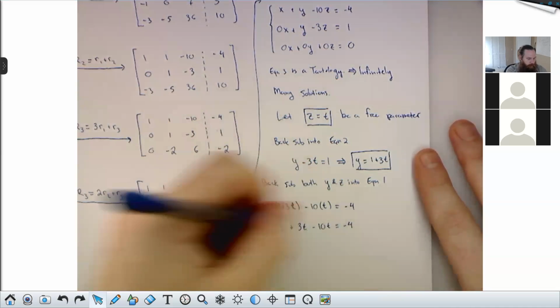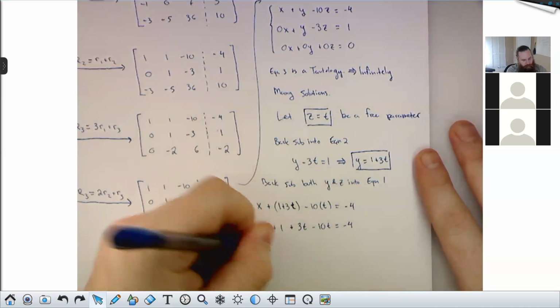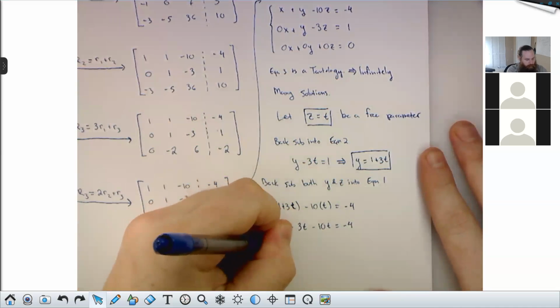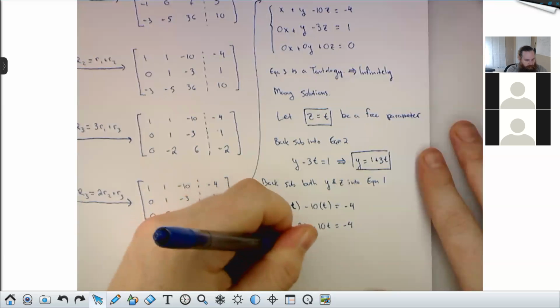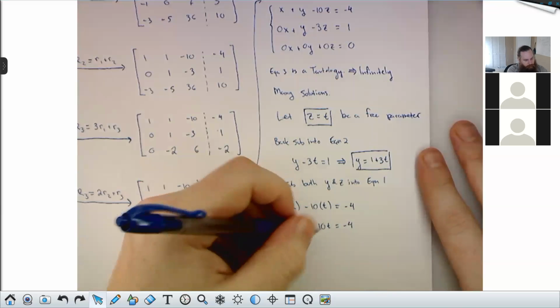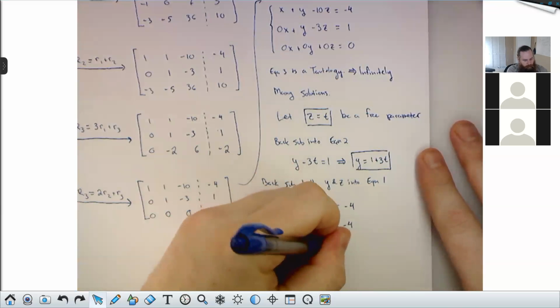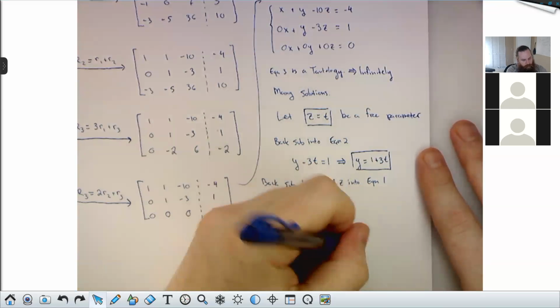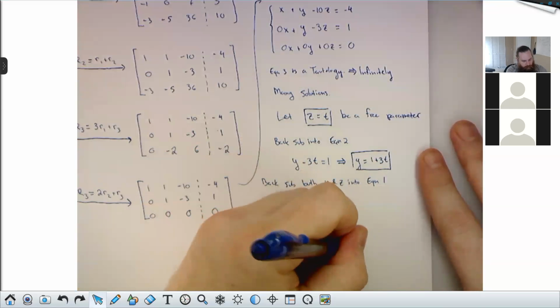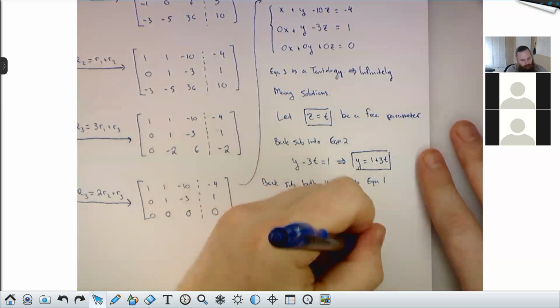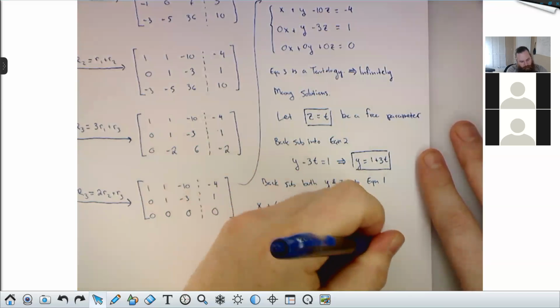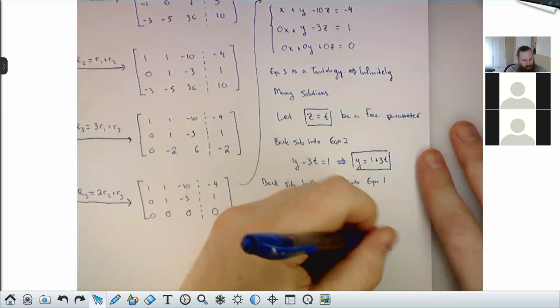I can subtract the 1 over and combine the like terms here, and I'll get x minus 7t equals negative 5. Negative 4 minus 1 is negative 5. And now add the 7t, and I get x equals negative 5 plus 7t.